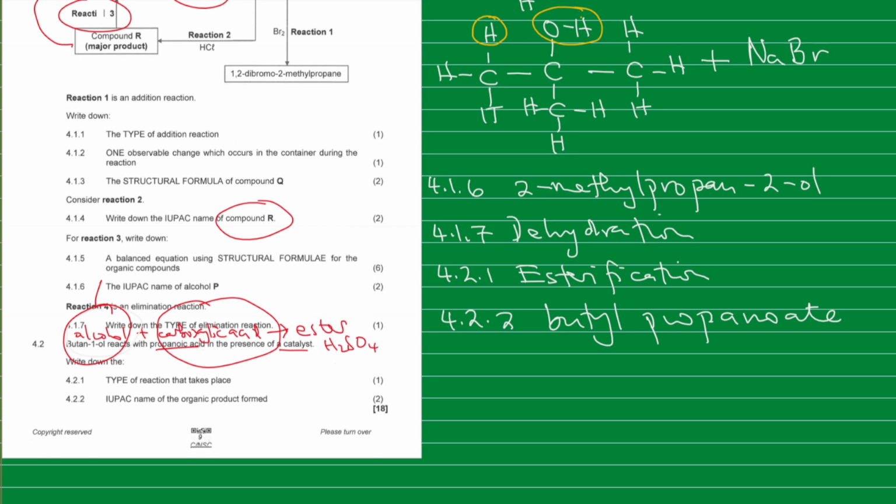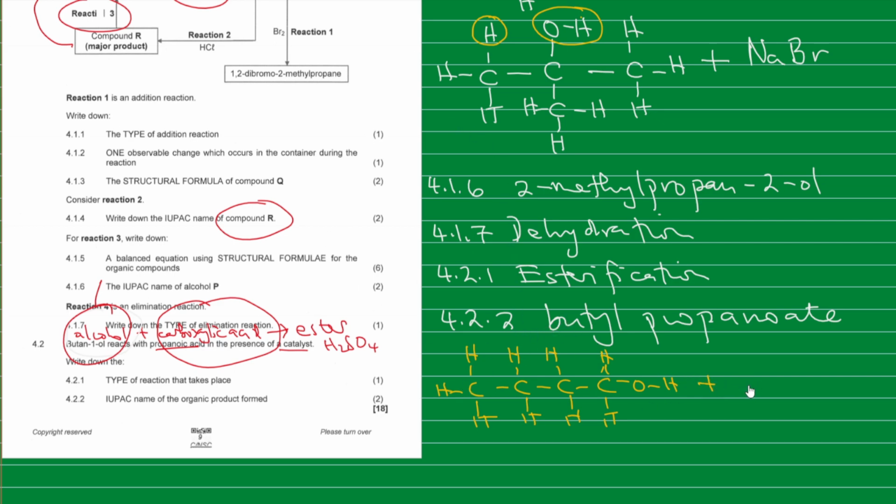Maybe let me just explain what will happen here. We will have our butanol, which is carbons 1, 2, 3, 4, and our alcohol is on carbon number 1. So I will take this one to be the alcohol, and then we'll react it with propanoic acid.